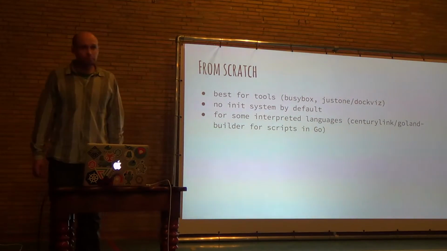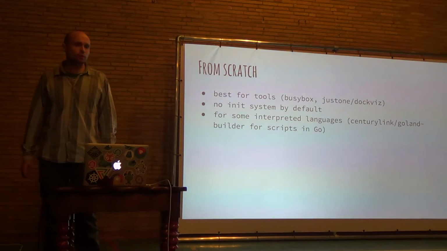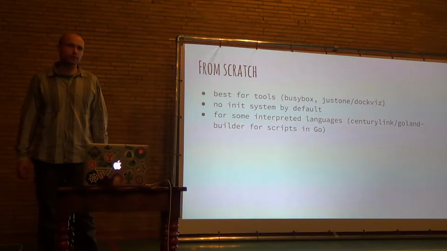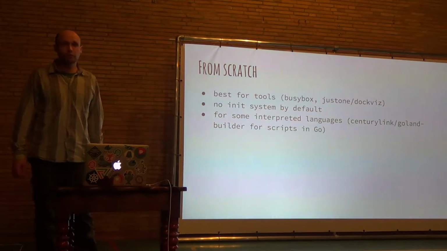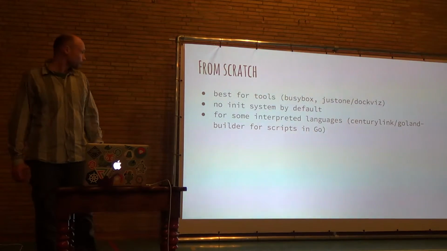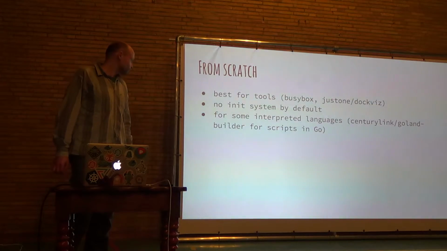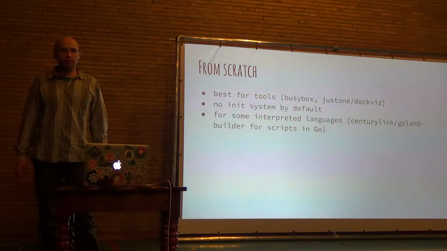So if you search for existing Docker images on GitHub or Docker Hub, you will see that from scratch is usually used for tools, and also for some compiled languages where the possibility to build statically linked binaries is provided.